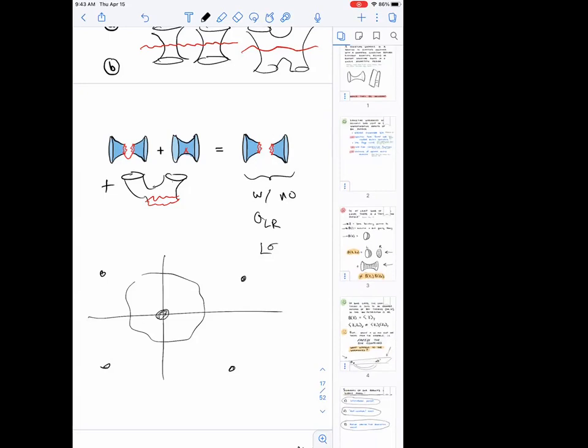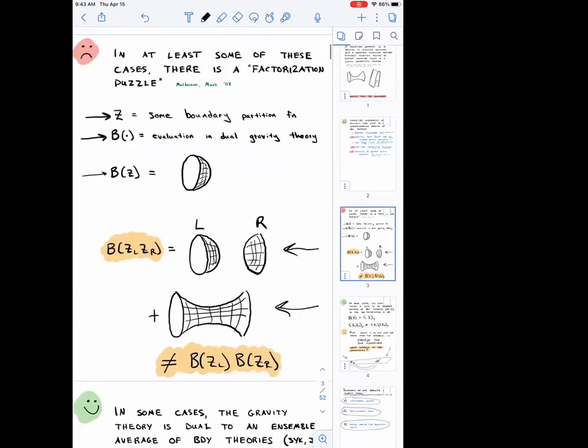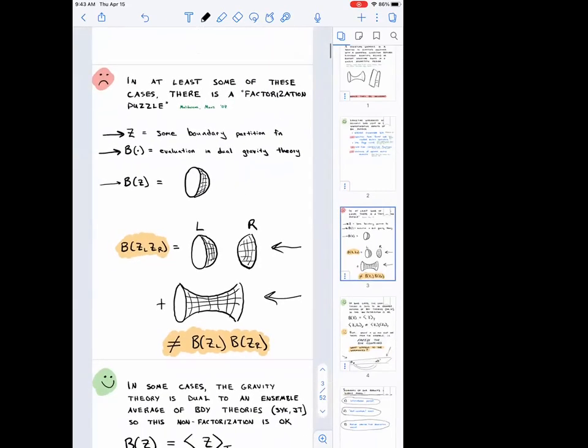How can the paradox be resolved? So the claim is that it can be resolved by saying that this is not complete. You need to also add half wormholes.